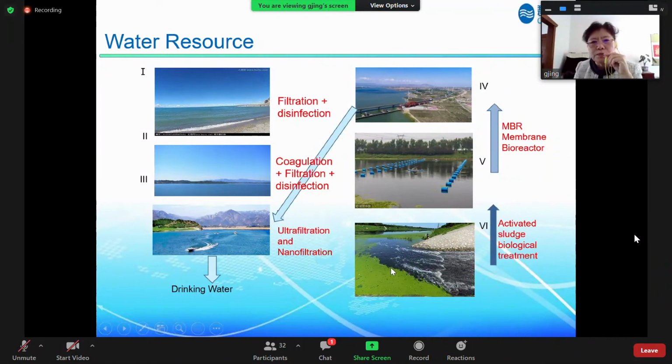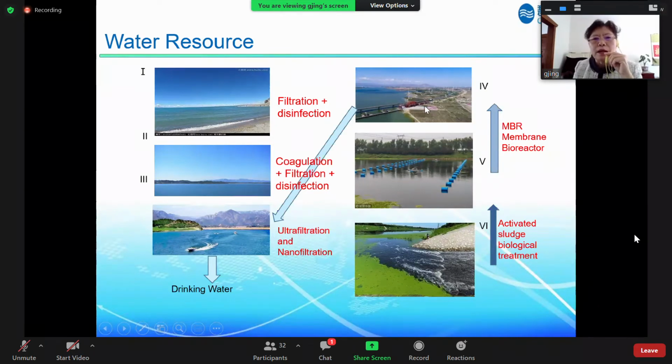For level 6 water, we do conventional biological treatment plus the MBR membrane process, and then we can easily get level 4 water.